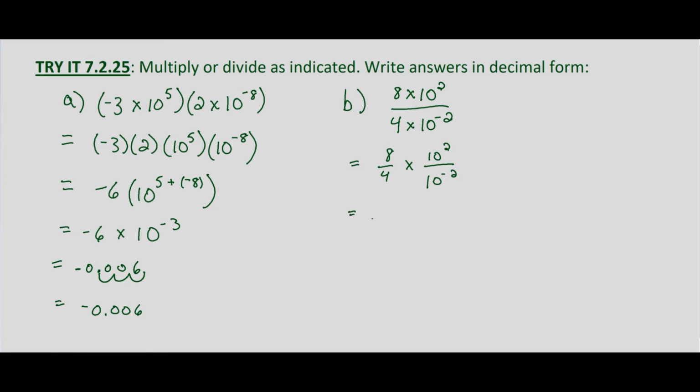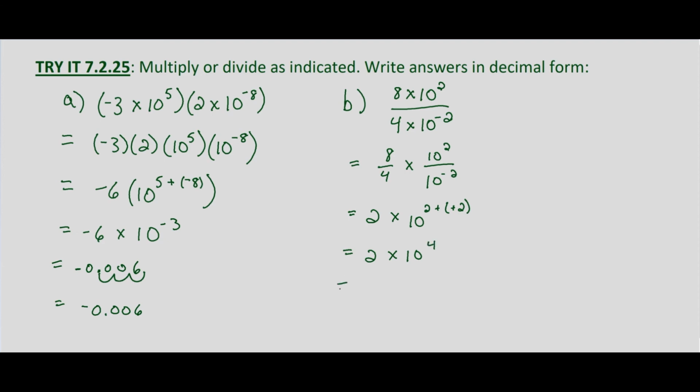And that equals 2 times 10 to the 2 minus -2, using the quotient property of exponents. So that equals 2 times 10 to the 2 minus -2, that's 2 plus 2, so that's 10 to the 4th.